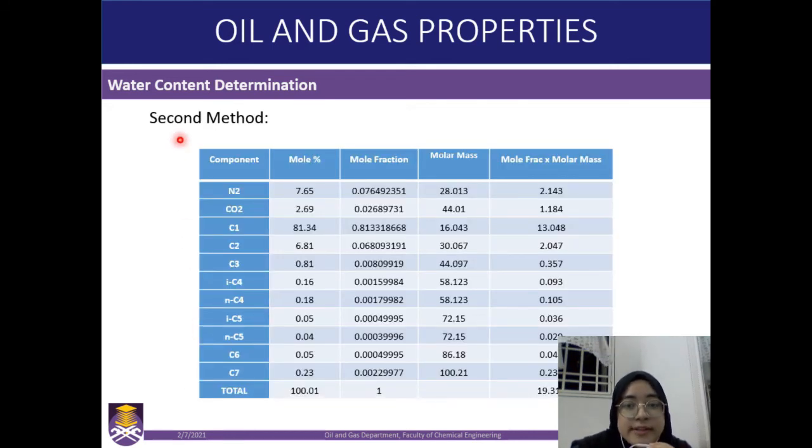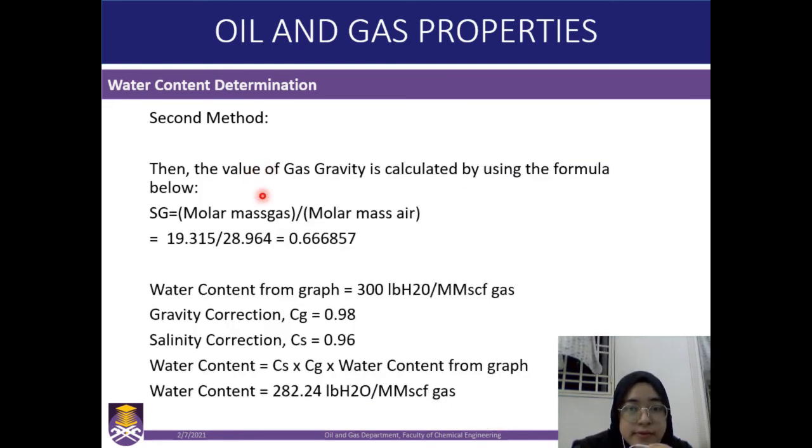For the second method to determine the water content, this is the table that we need to calculate by listing the component for the oil and gas properties, and we can know the total from the mole fraction times the molar mass. And then from the value of gas gravity, we calculated by using the formula below.